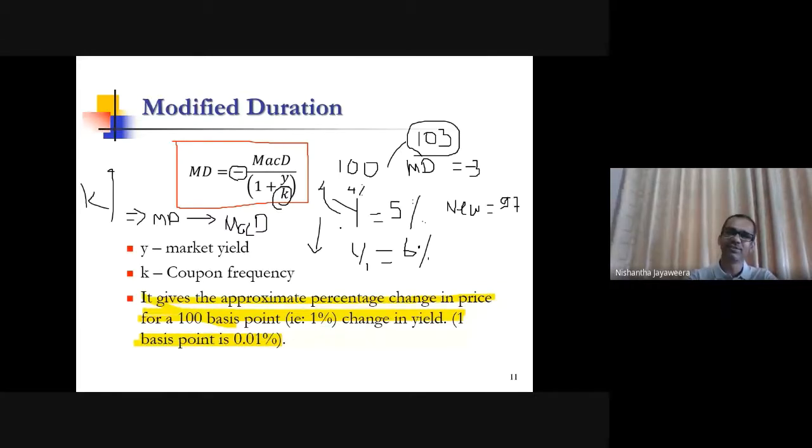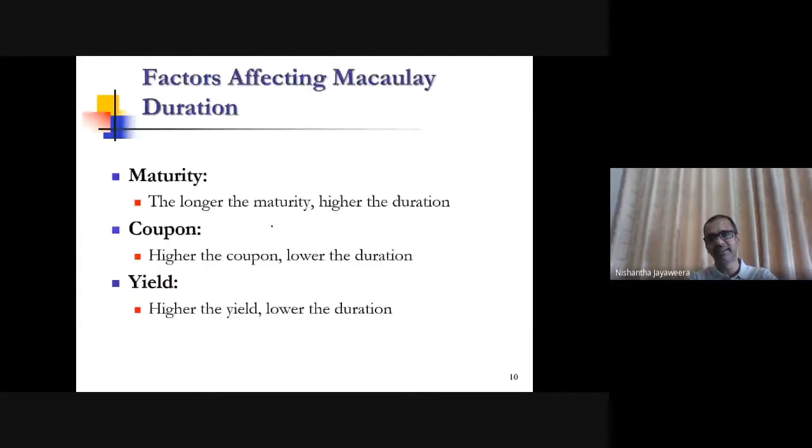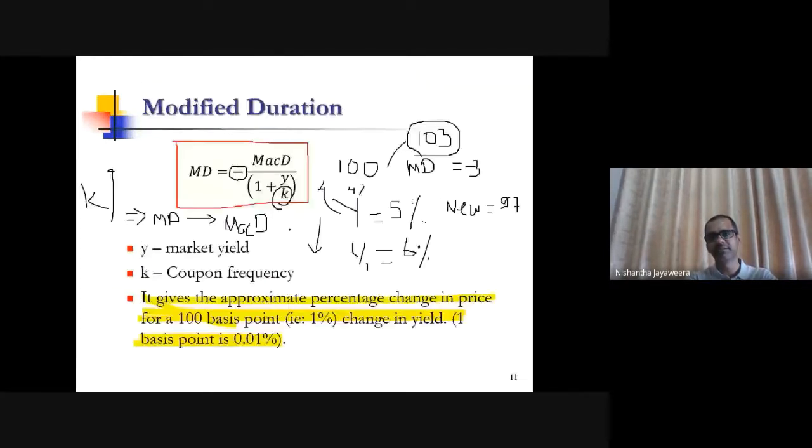Even though we use these discrete time levels to discount, in the real backend what we use is, I think I didn't discuss this even when we discussed present value, continuous compounding.